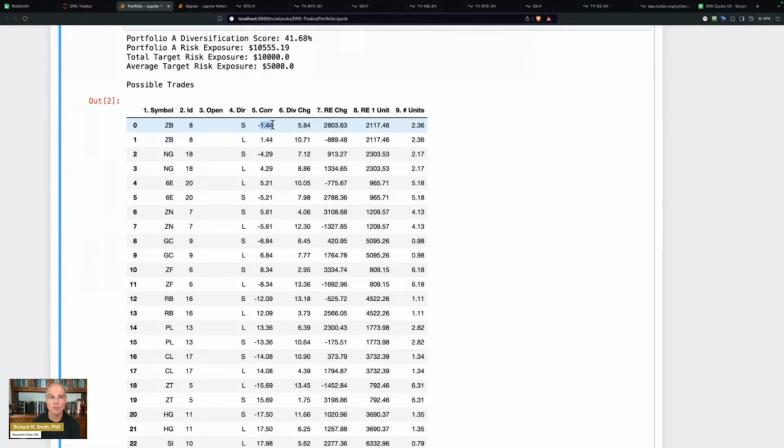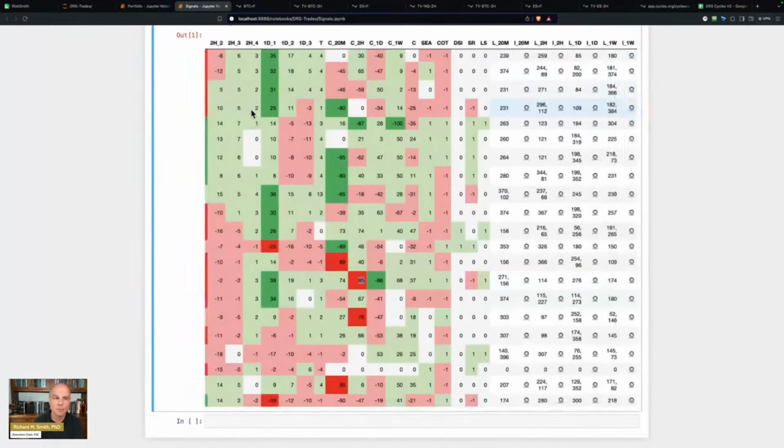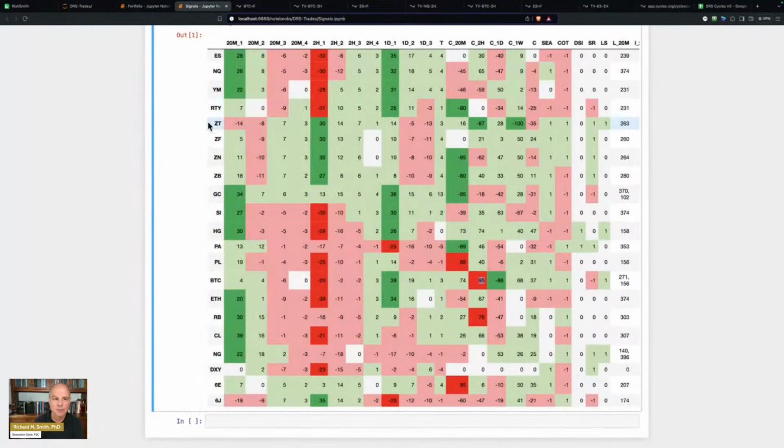Actually going long treasury bonds would reduce my exposure by $900. Let's go look and see what's happening with bonds. So here's the bonds section here.